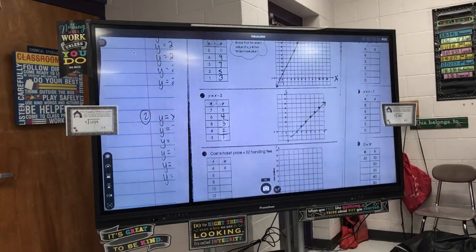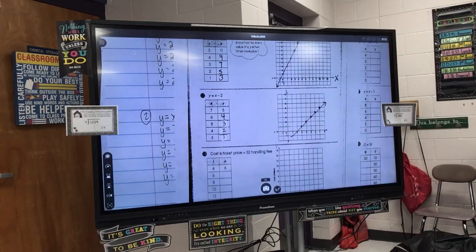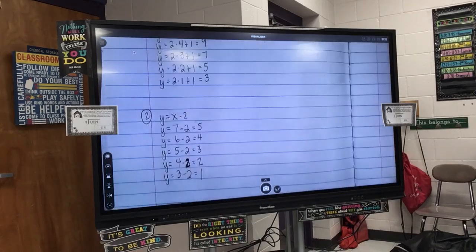All right. Questions about what you're doing for the rest of the day? None? Okay. What's up? So we have to do the star, like on number 3, there's a star explaining the steps you took to graph. But there's stars on every one.